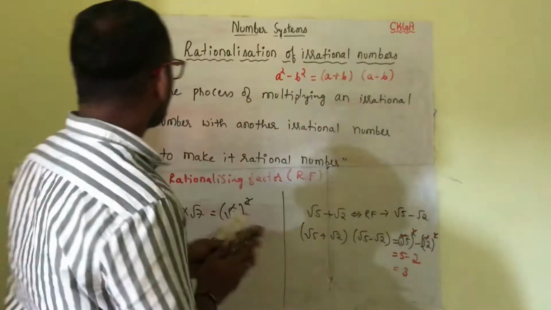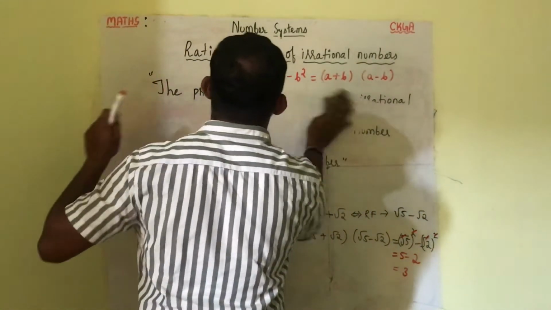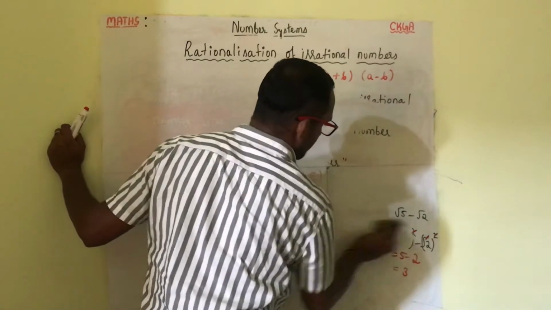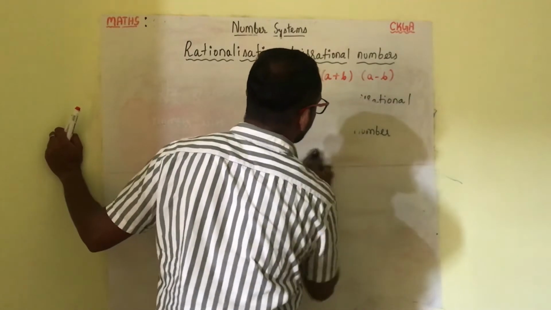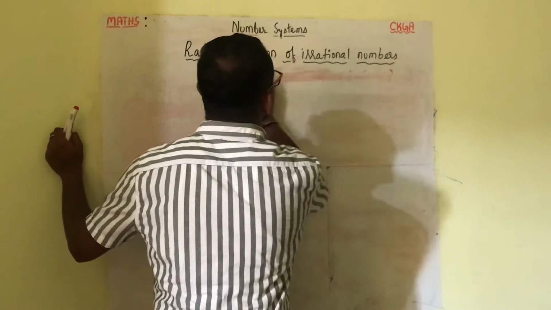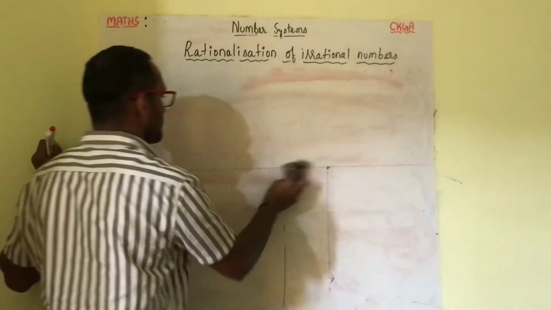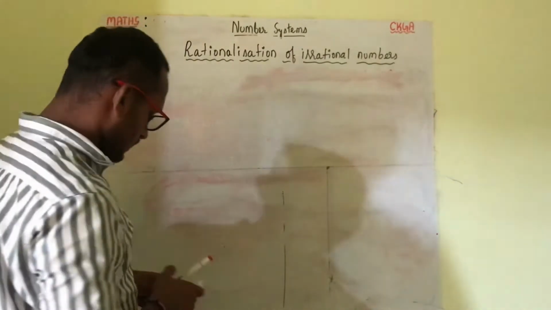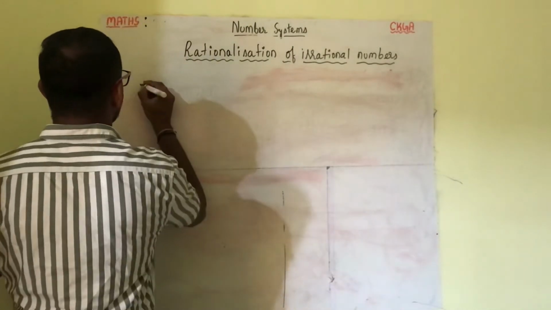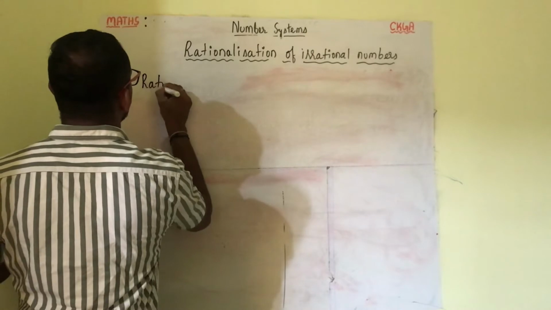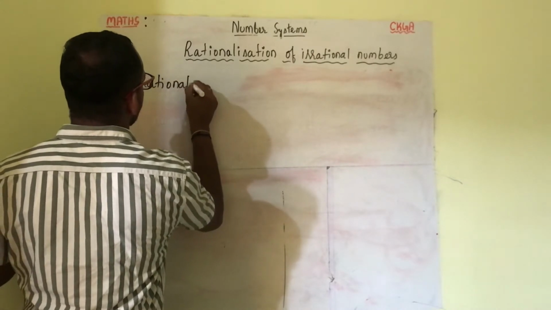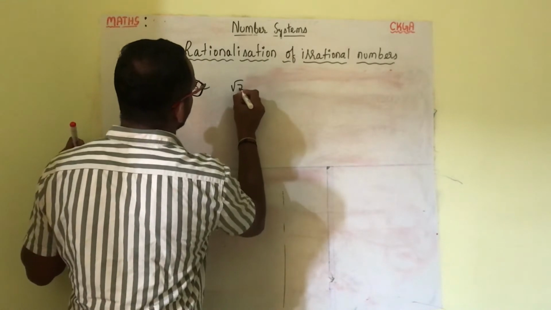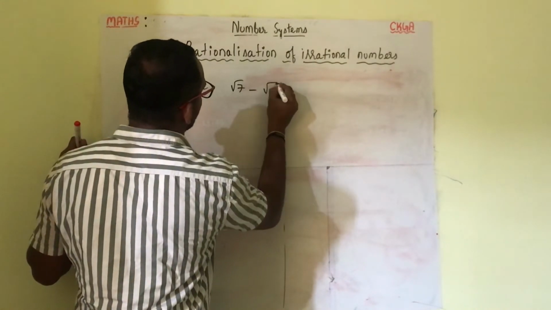So now I will take some more examples to rationalize some numbers. Again, take a notebook and work with the problems. My first question is: rationalize root 7 minus root 5.